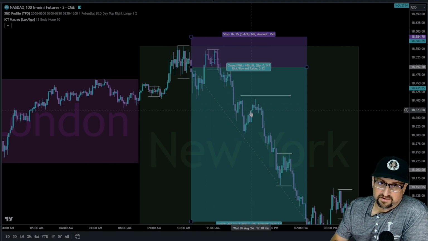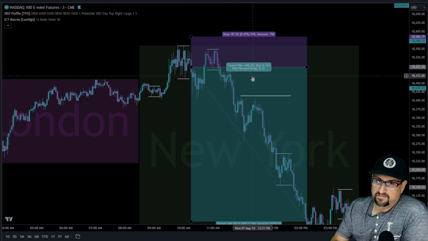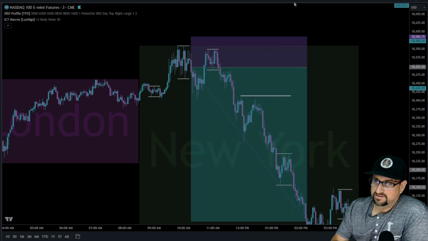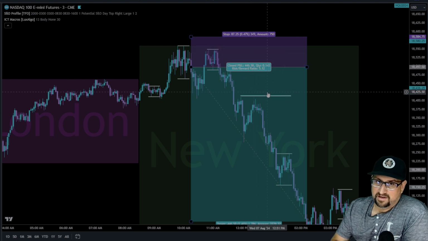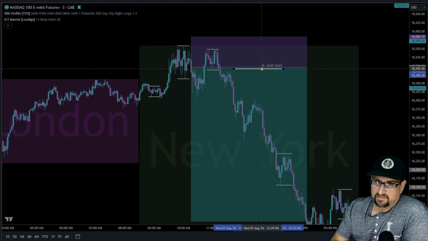So when we get a move and then we start creating fair value gaps like this, we created a fair value gap here. In my brain, if this fair value gap's created and then we just blow right back through it, there might be a chance that we're just going to continue higher. Maybe I need to kick myself out of the trade. Maybe I need to put this at break even.